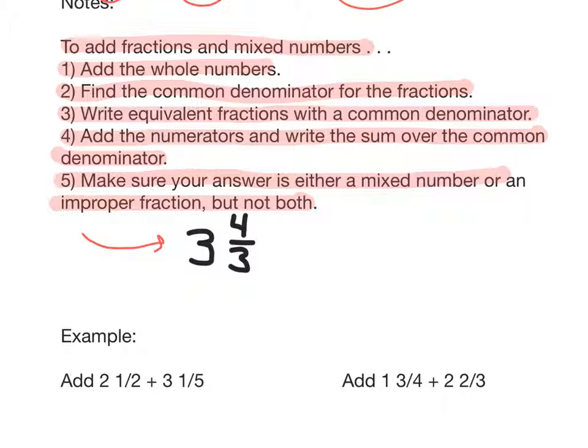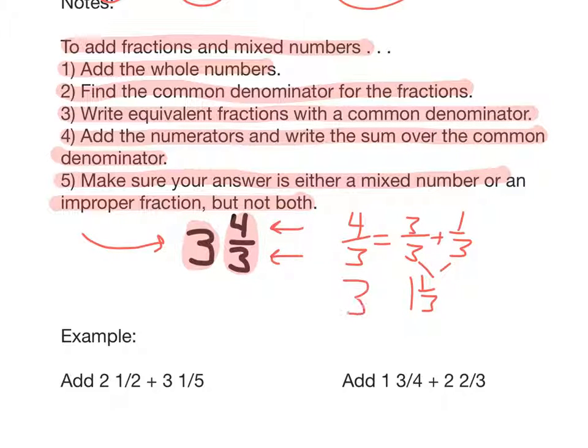Remember, a mixed number is one that has a whole number and a fraction, but this also has an improper fraction. So it's a mixed number with an improper fraction. That is no good. So you're going to have to turn that improper fraction into a mixed number. So 4/3 is equal to 3/3 plus another third, which equals 1 and 1/3.